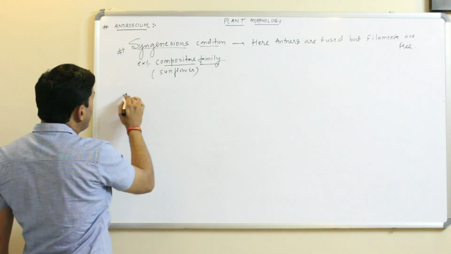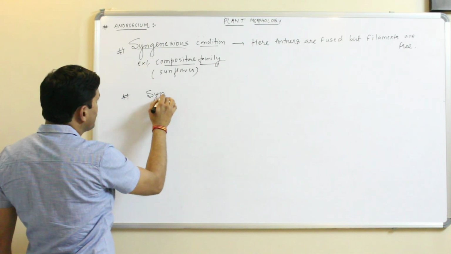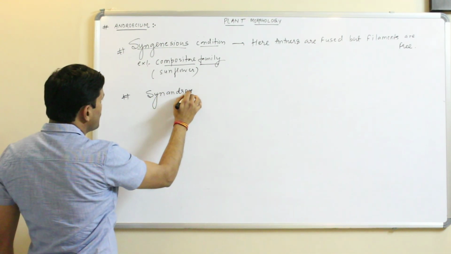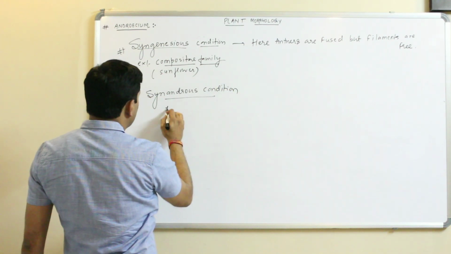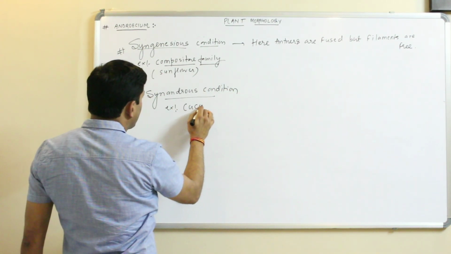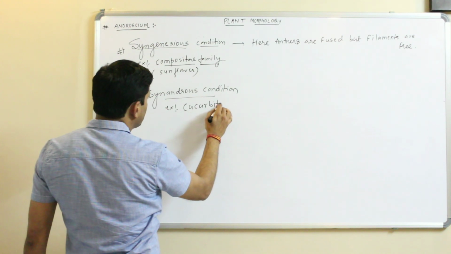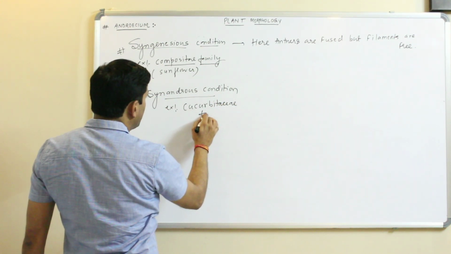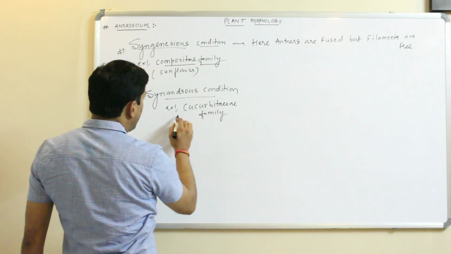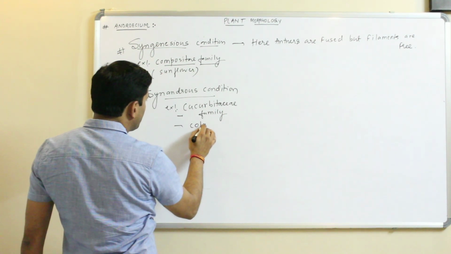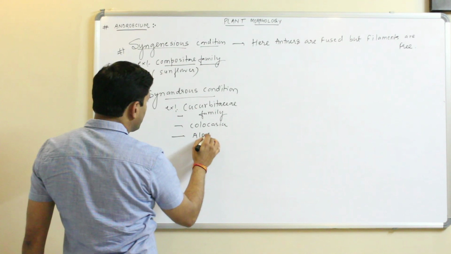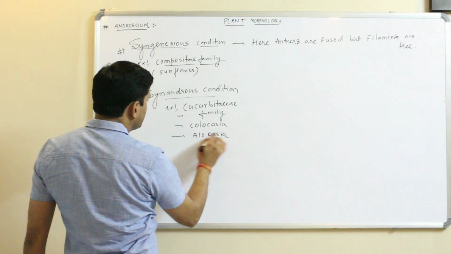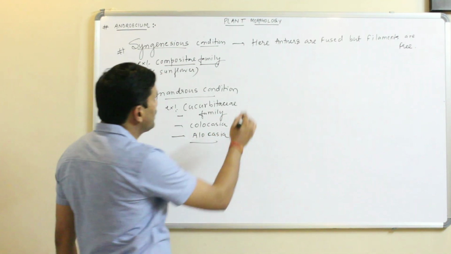One more condition is known as the synandrous condition. It is found in the Cucurbitaceae family, and one more example is Colocasia, and another is Alocasia. What is the synandrous condition?